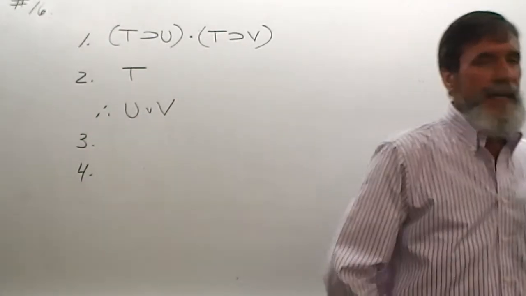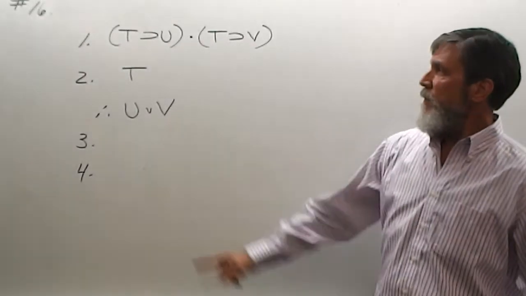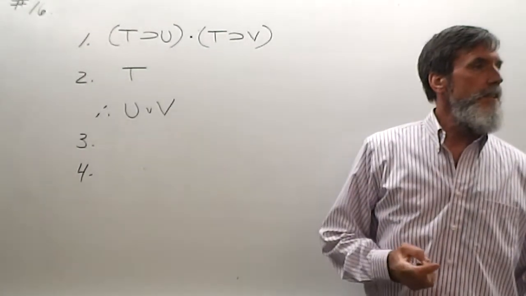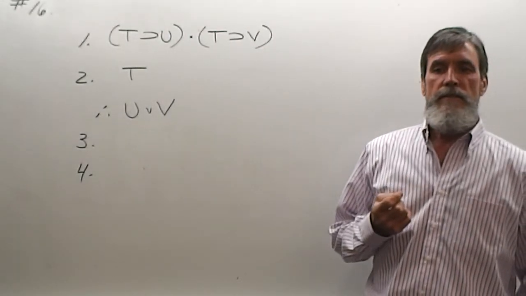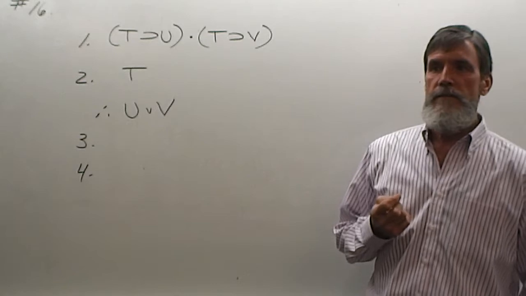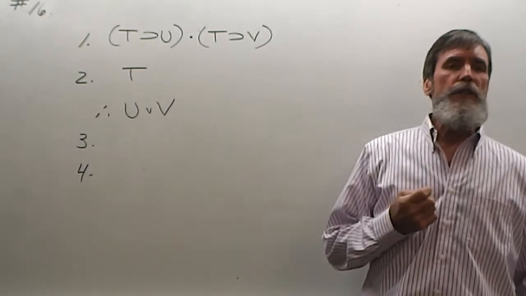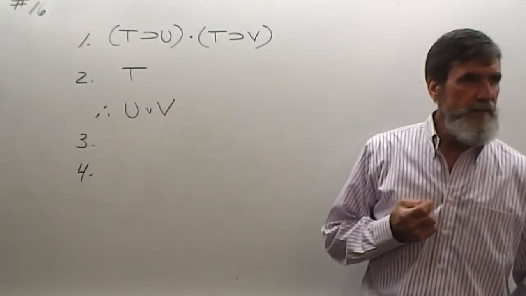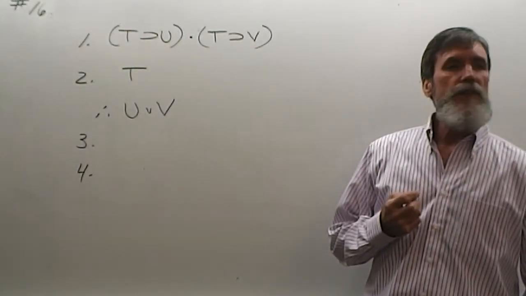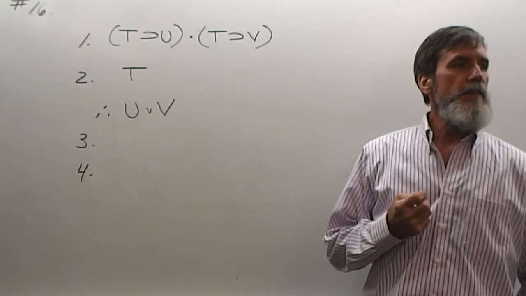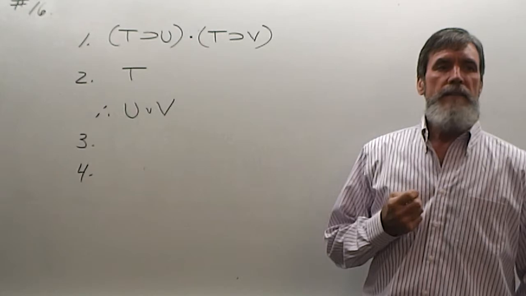So you need to anticipate either simplification, because it is a conjunction, in which case we would extract T horseshoe U. We can have T horseshoe U right now if we needed it. As a conjunction of 2 horseshoes, it could also be the first premise of constructive dilemma, right?